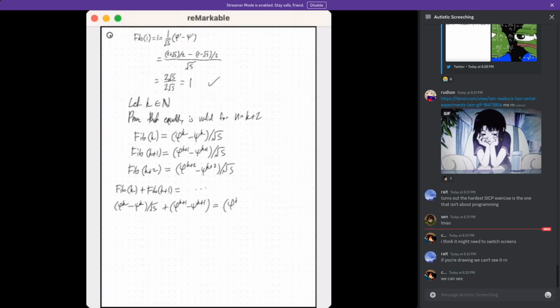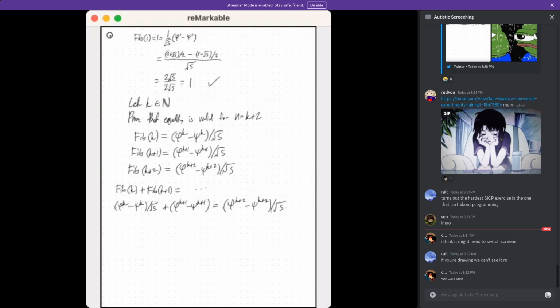And then it's just a matter of algebraic manipulation here to get this equality, and we're going to get the same thing we got last time, just sort of in a different form.